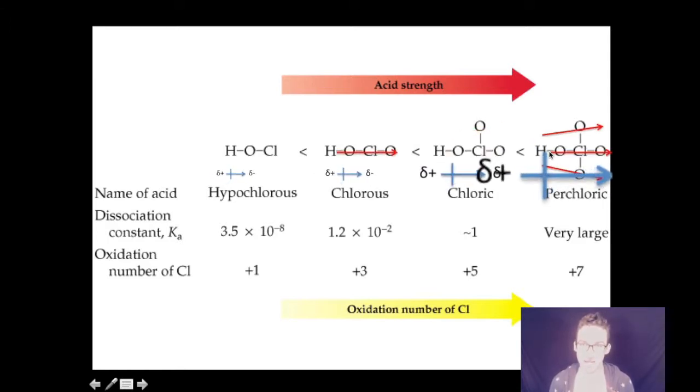So the bond here is more polar than the bond here, than the bond here, than the bond here, because we have more oxygens pulling it away, which makes this the strongest of the acids in this oxyacid group. So the more oxygens there are, the stronger that acid will be because of the greater polarized bond.